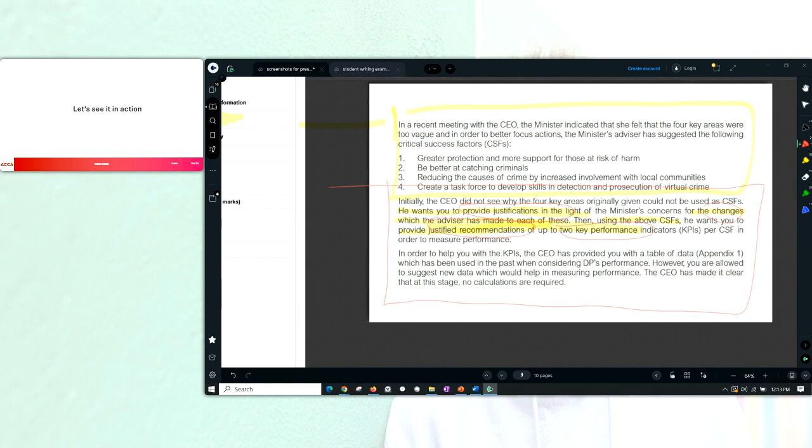Then suggest new KPIs, and now there's data down here that we can use. So I call this a compound requirement because one requirement has multiple verbs. Okay. So step 1, we find the embedded tasks. Step 2, we find the verbs.